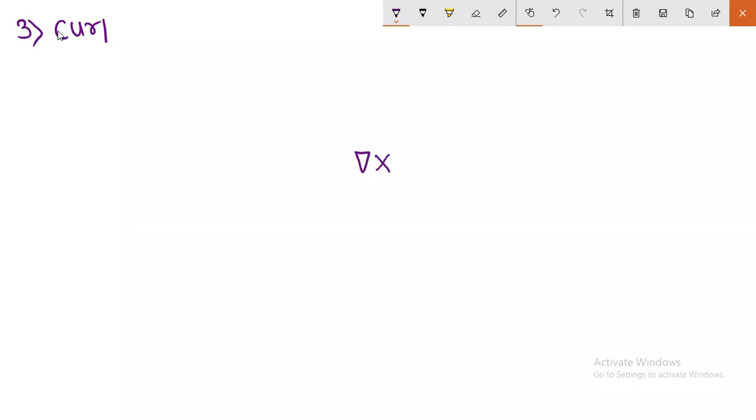If I consider any vector a bar, then we can write this curl as del cross a bar. Now we have to write the formulae for 3 coordinate systems. First we'll see in Cartesian, the formula for del cross a bar.